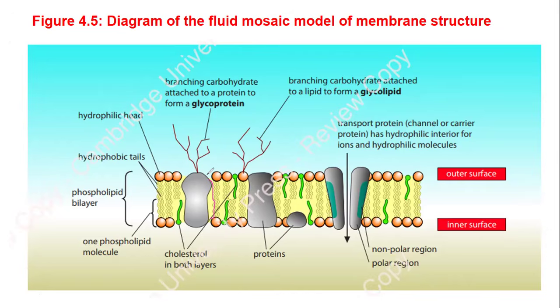But this region that is interacting with water is going to be made up of hydrophilic amino acids. So same case here, we have this region outside, it will be made up of hydrophilic amino acids, even this region, hydrophilic amino acids, but this region that is interacting with the tails is going to be hydrophobic.